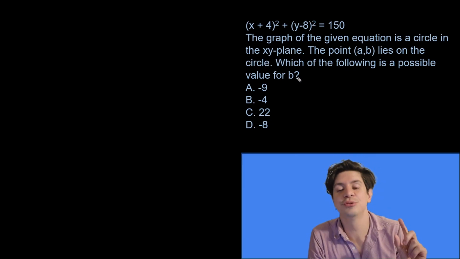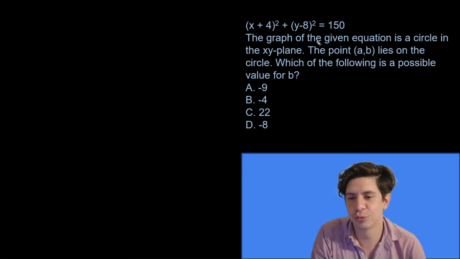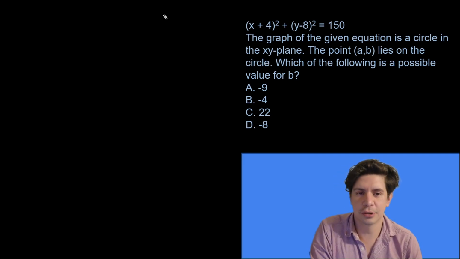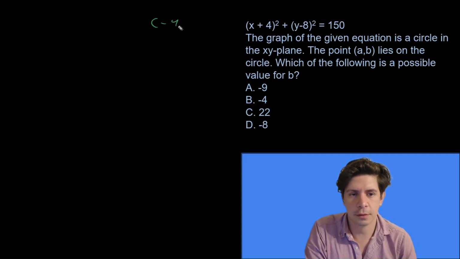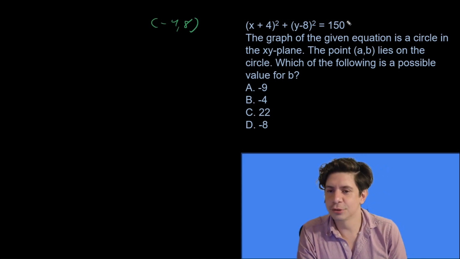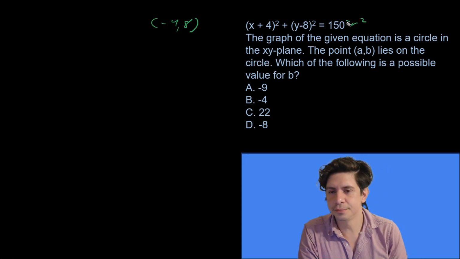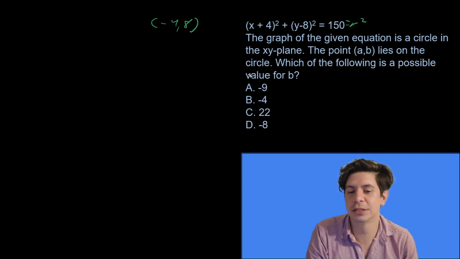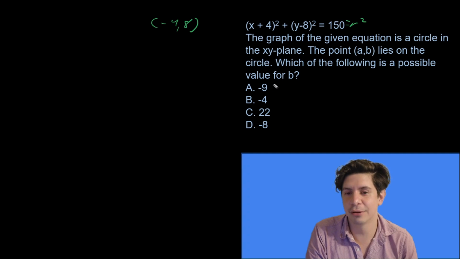Now the way you do this without having to do too much work is think about how the center is going to be (−4, 8), and 150 equals r². So this is a little more than 12. r is a little more than 12. Which of these has a value that's going to give us less than 12? Anything bigger than that would be too much.